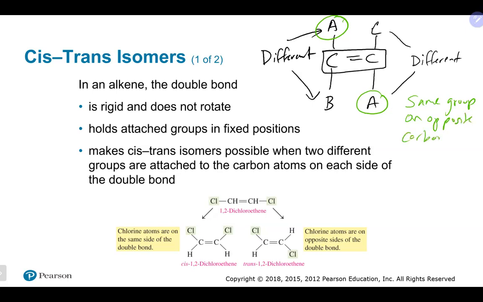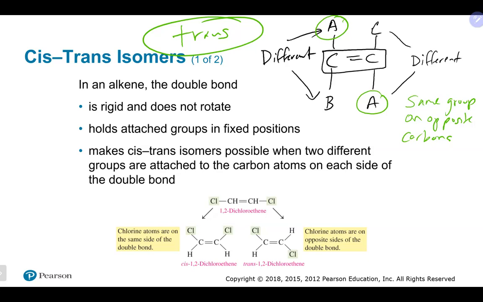By the way, you could have two same groups on opposite carbons, but you have to have at least one group that's the same on opposite carbons. Those are the ones you look at to determine cis or trans. The A group there is on opposite sides of the double bond, so this would be the trans isomer. Any questions on that?